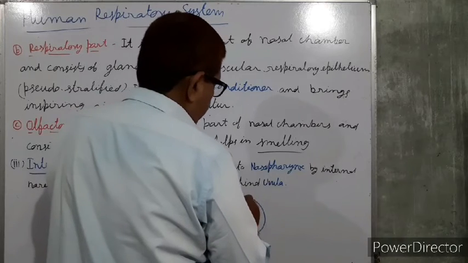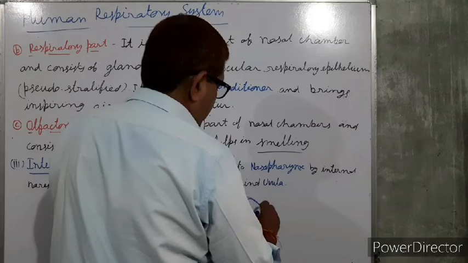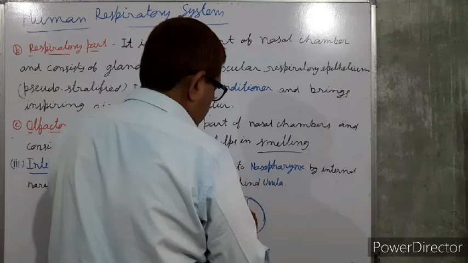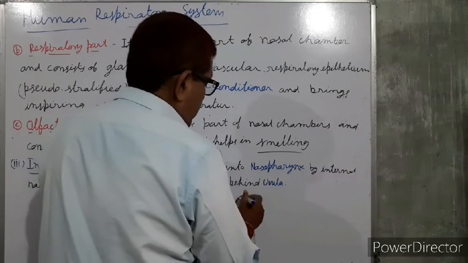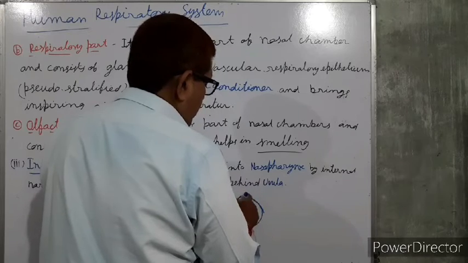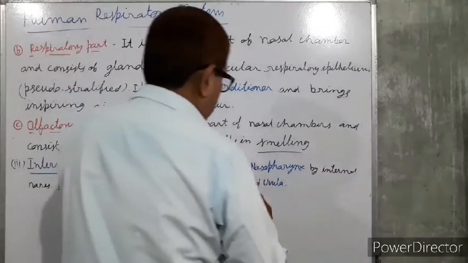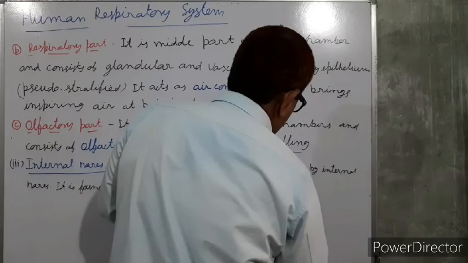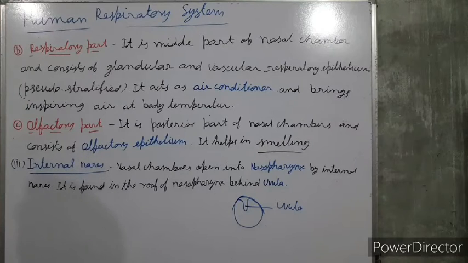This is the roof of the nasopharynx, and this hanging structure is called the uvula. This uvula prevents the entry of food materials or water during swallowing.